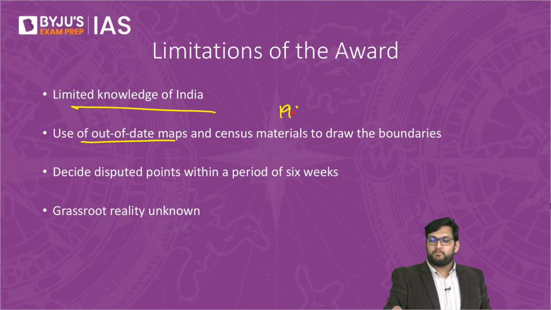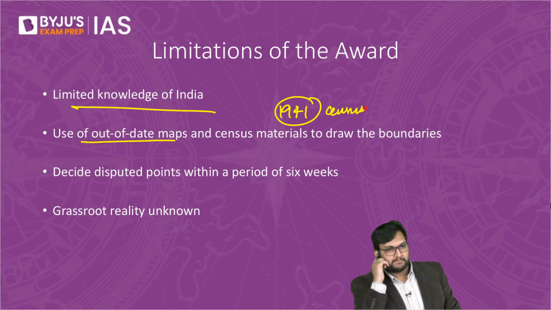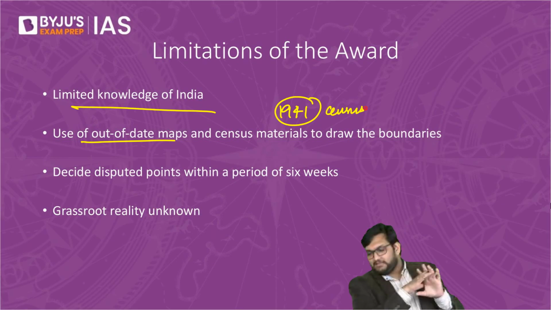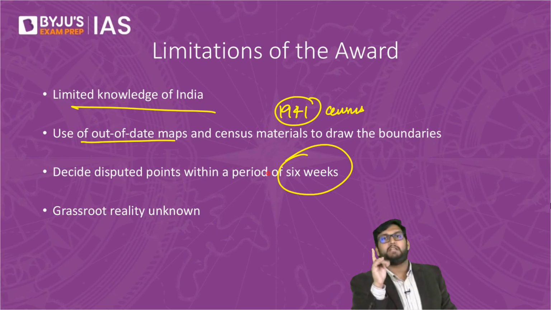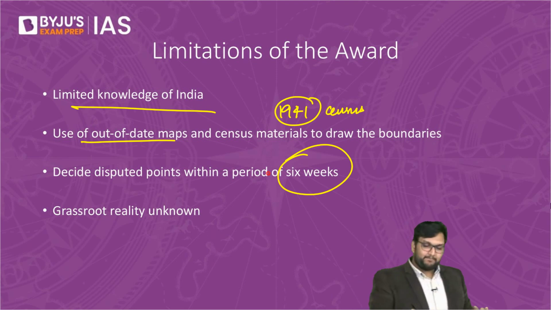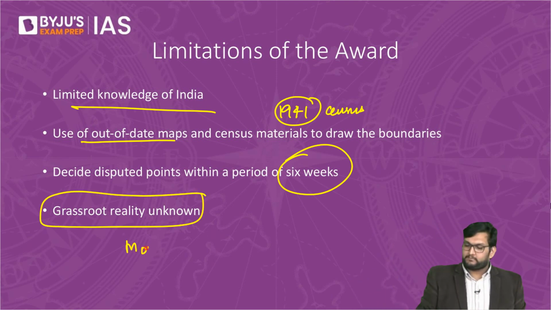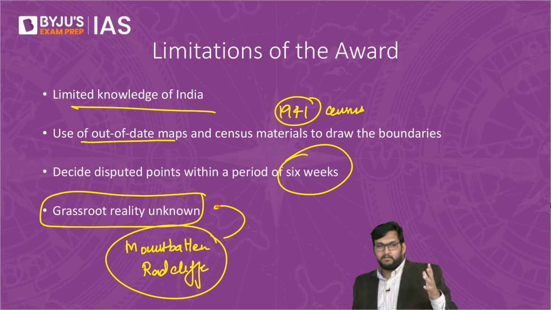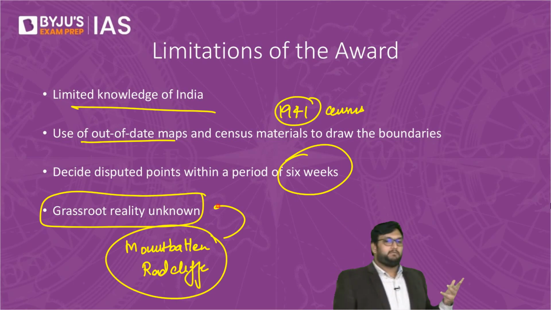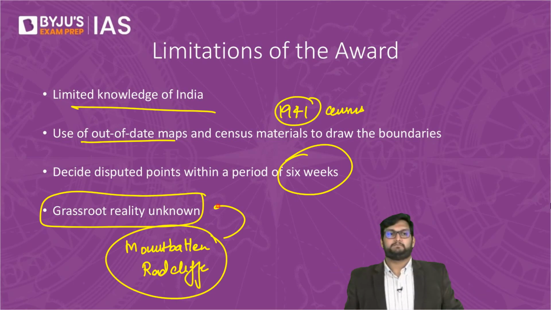The census which he was using was the 1941 census. It had already been 6 years. And if there was any dispute, only 6 weeks were given, and it used to take 1 week to come from Lahore to Delhi. Neither Mountbatten nor Radcliffe had any understanding of the reality on the ground.